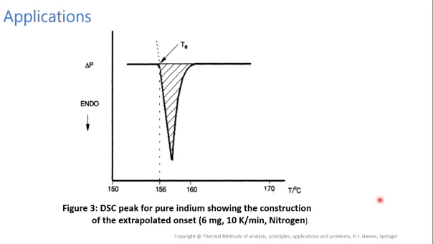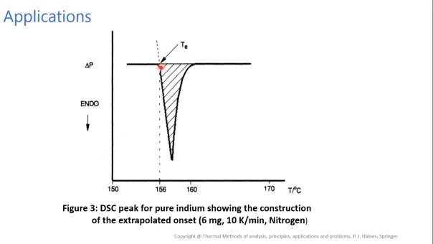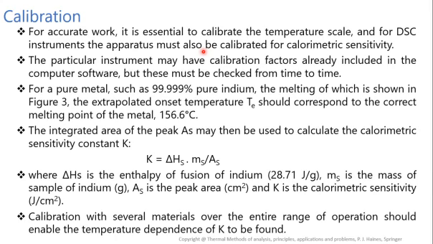So here we have to get 156.6 as the exact melting point for the particular heating, or the DSC. The integrated area of the peak may then be used to calculate the calorimetric sensitivity K. So by using this integrated area under the peak, we find the calorimetric sensitivity by such a calculation.